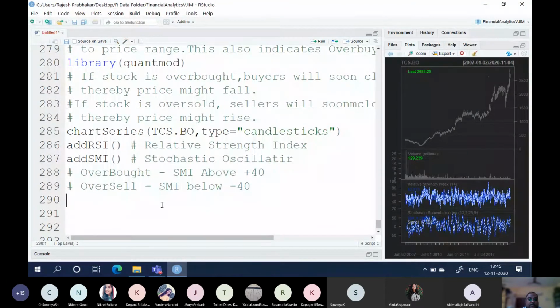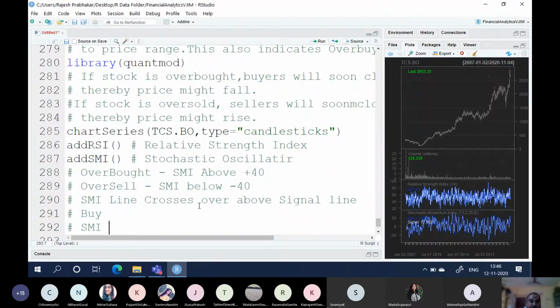Okay. And one more interpretation you can do is, when the SMI line crosses over above the signal line, buy.